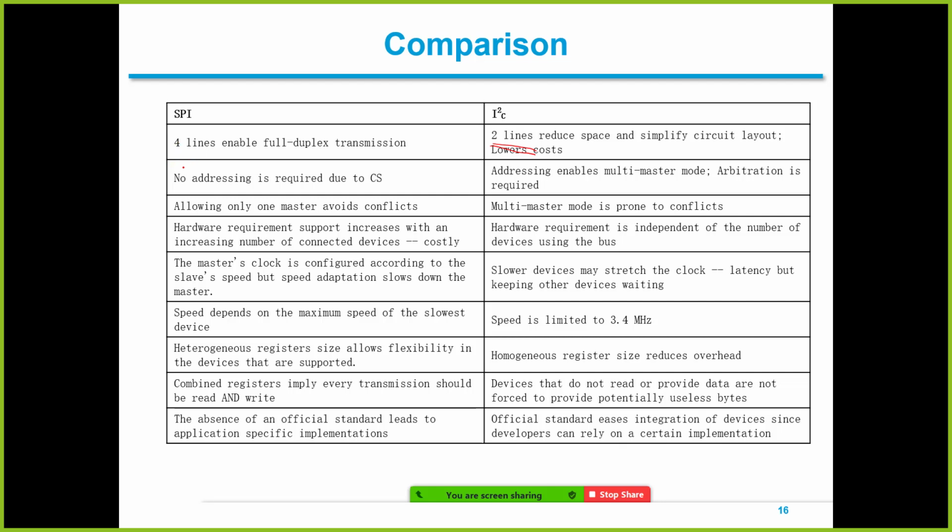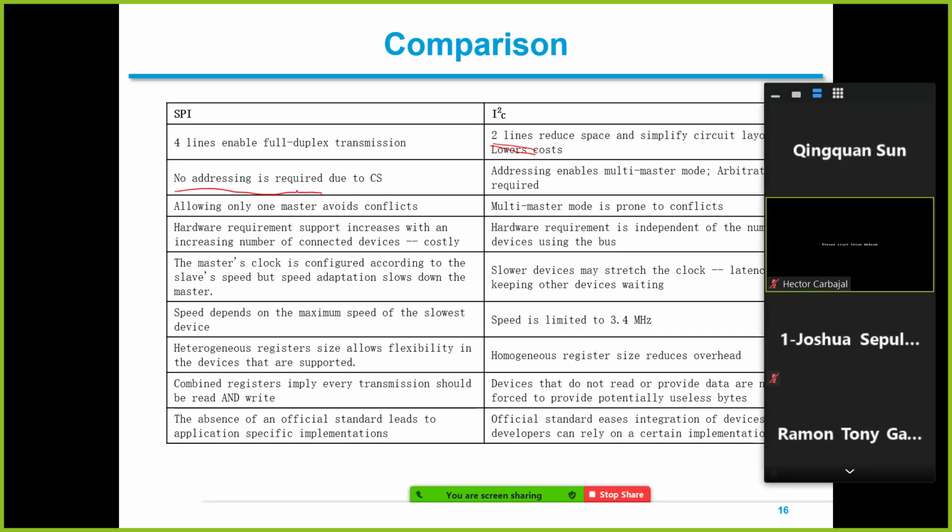We also have the selection signal SS. But for I2C, we just have SDA and SCL, the data and clock signals. Just 2 lines. Compared with SPI, I2C has lower cost. And for SPI, no addressing is required.